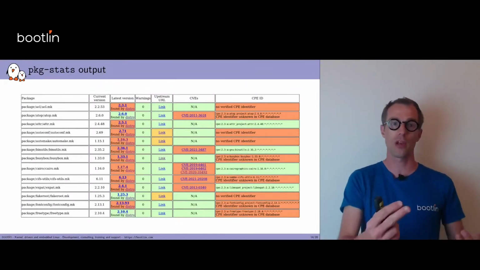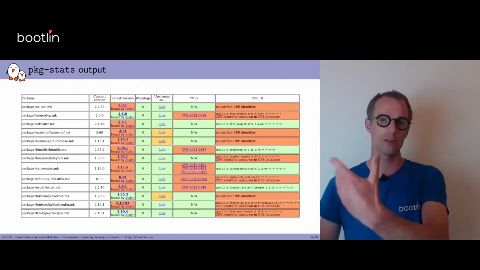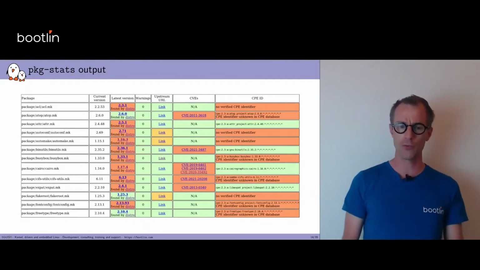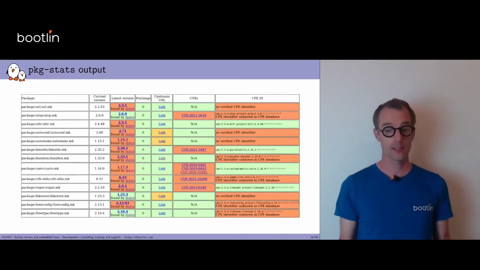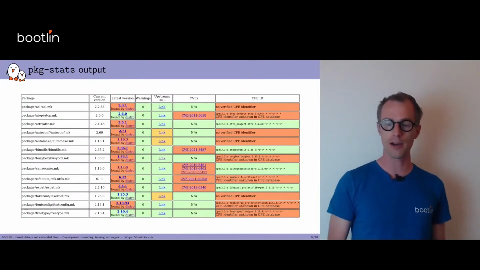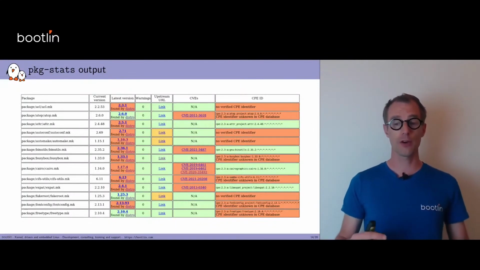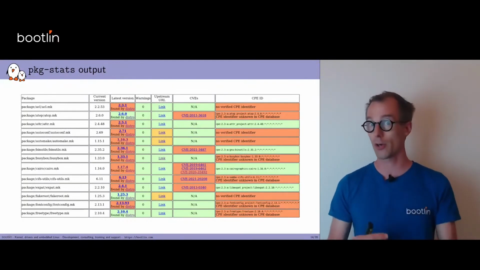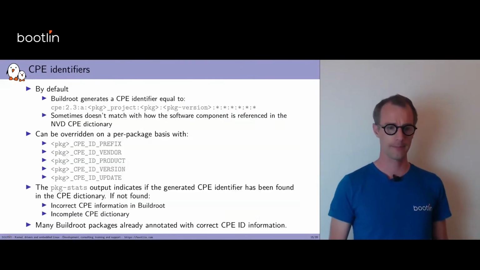If you're using a relatively old Buildroot release, it's quite likely that upstream projects will have made new releases. And then it tells you a few other pieces of information that are not really relevant to our discussion. And then we have this CVE column, which lists CVEs that can potentially affect you, and you can see there's a number of CVEs listed there. And then there is a CPE ID column that indicates whether the CPE identifiers for that package are known and are correct or not. And we'll get into the details of that.